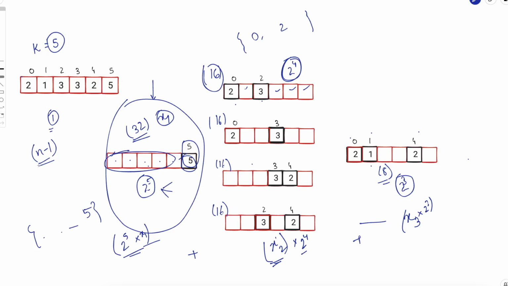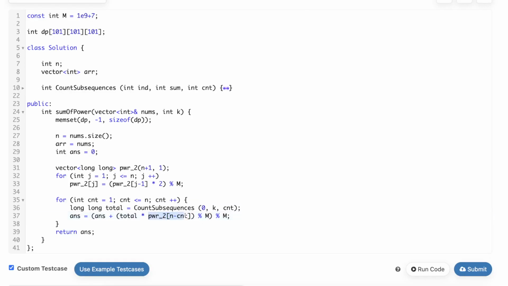So you have 2 power n minus 1 total subsequence which will contain the chosen element. So that's what we have done, multiplied by 2 power n minus count. This will be the total number of total additions or total plus 1 that will happen because of all the subsequences of length cnt, and you'll simply add them all up and this will be your answer.